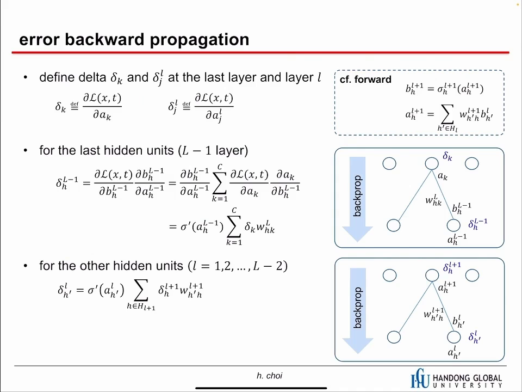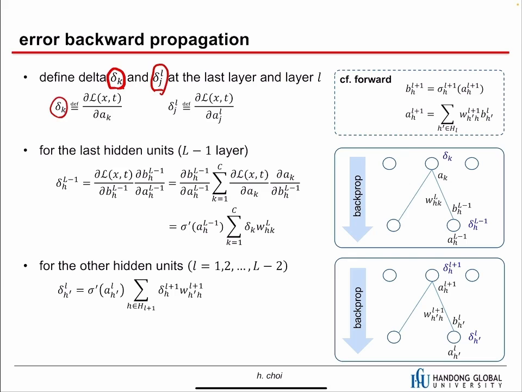Next, error backpropagation in detail. First of all, we define delta k at the last layer and delta sub j to the power of L at layer L. So this one is the delta at the last layer, this one is the delta at layer L, and this one is our definition. We are going to use this notation for simplicity, okay?